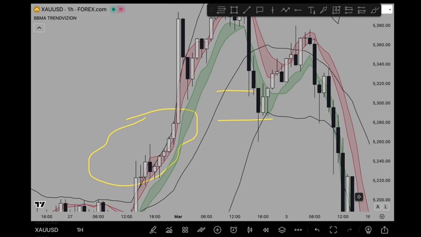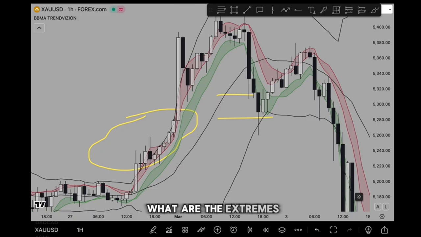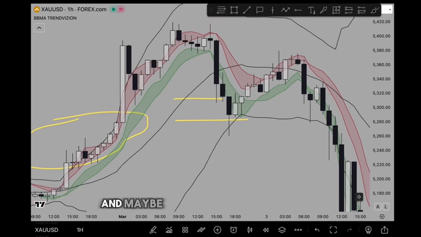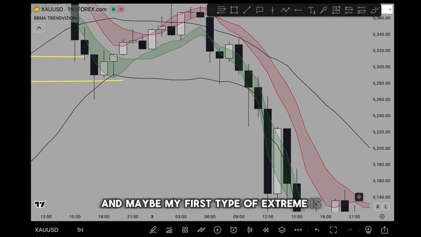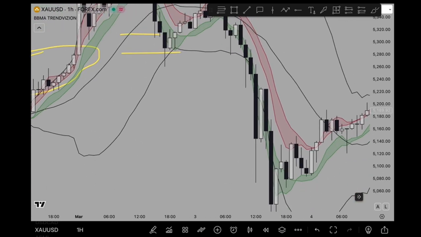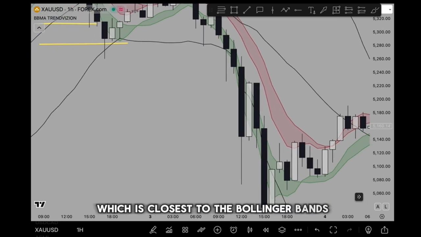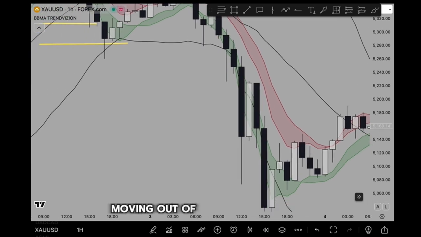Now, what are the extremes? There are a couple of them. In BBMA, first type of extreme is actually the moving average closest to the Bollinger Bands moving out of the Bollinger Bands.